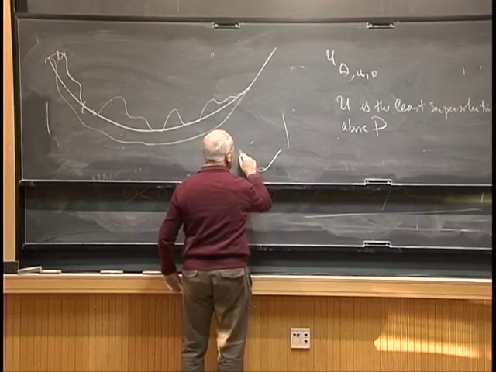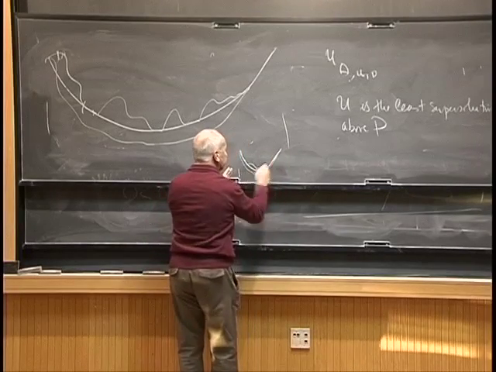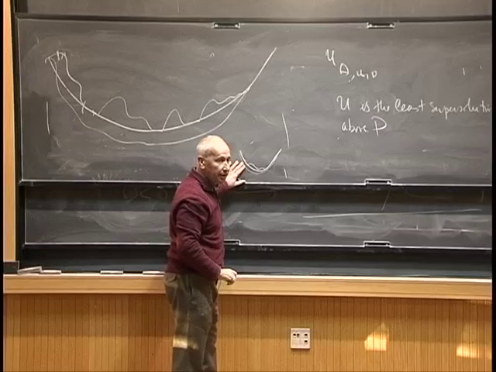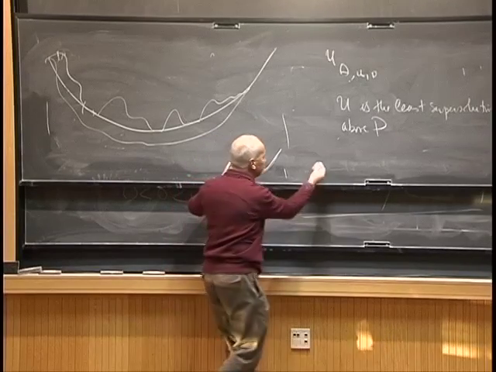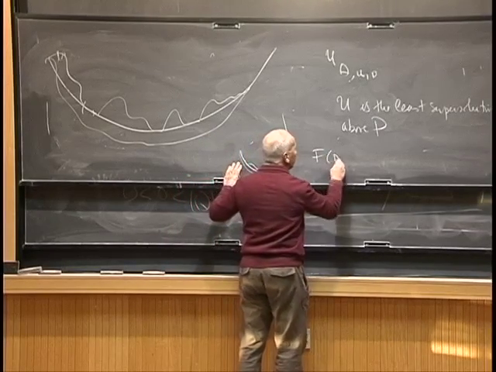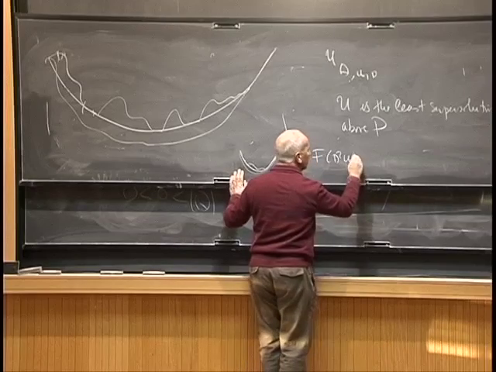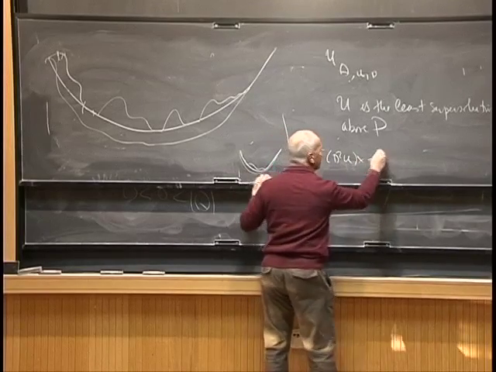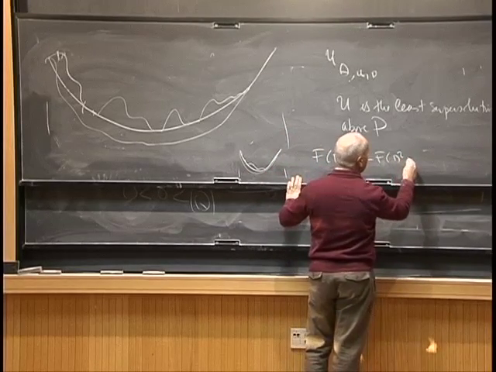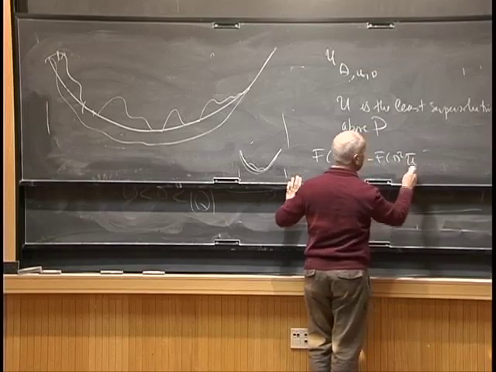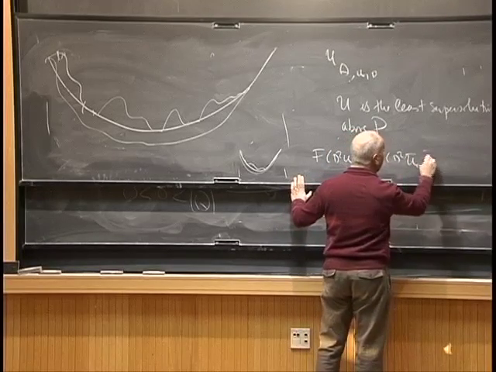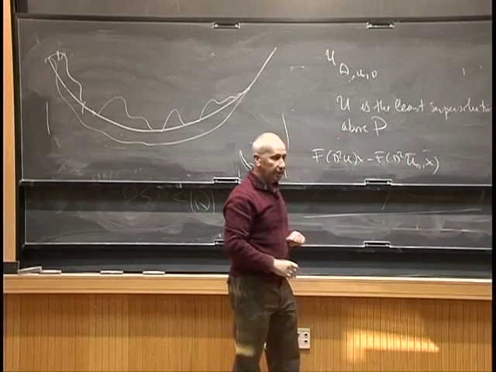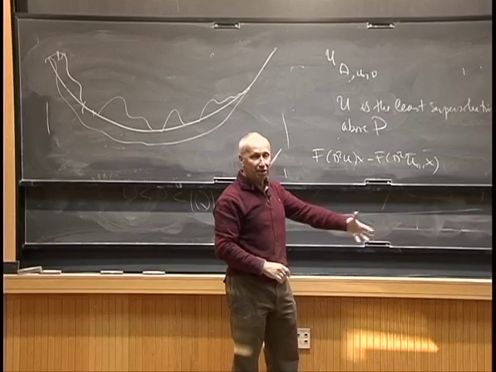Now we are in the cube of size 1, and F of D square of u x minus F of D square of the free solution u0 x is an equation with bounded measurable coefficients.